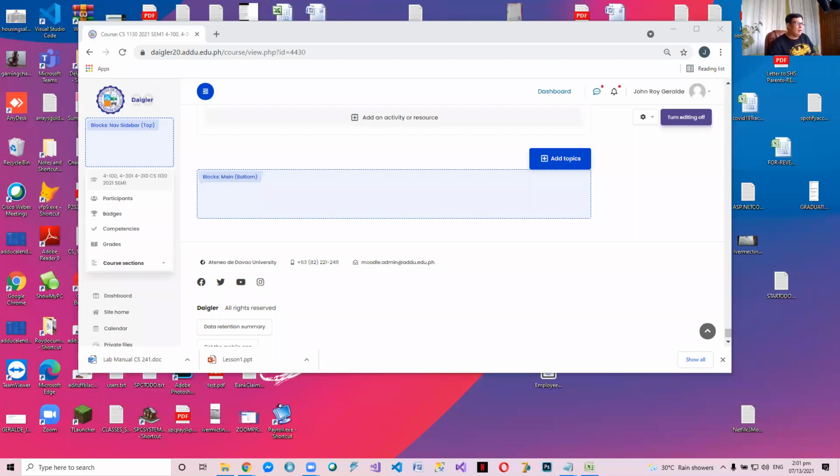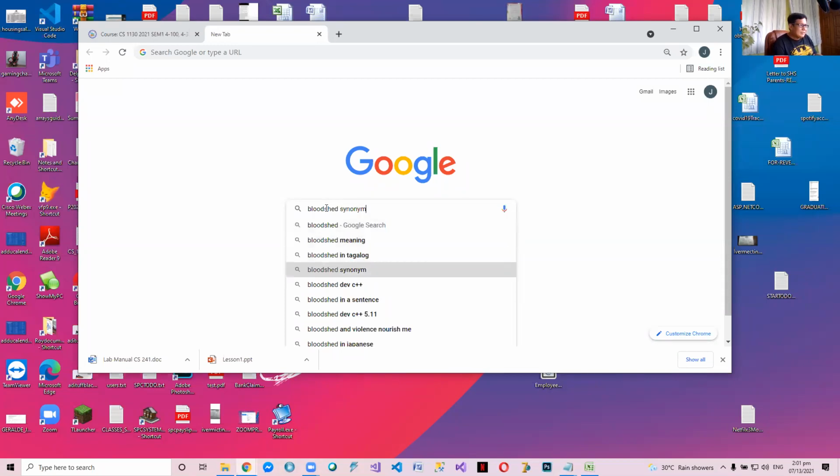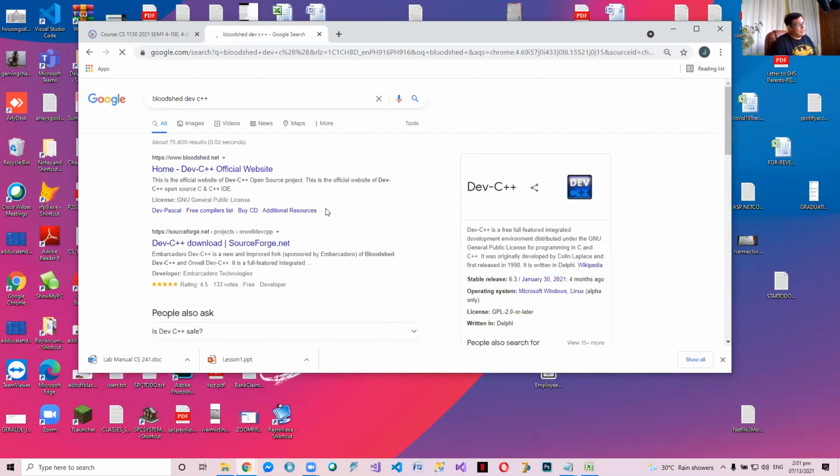We will be using Visual Studio Code as our editor, and the platform we will be using is W3Schools. You can use any other site. Bloodshed programming language? What, Bloodshed C++? We'll not be using C++. We'll be using JavaScript.